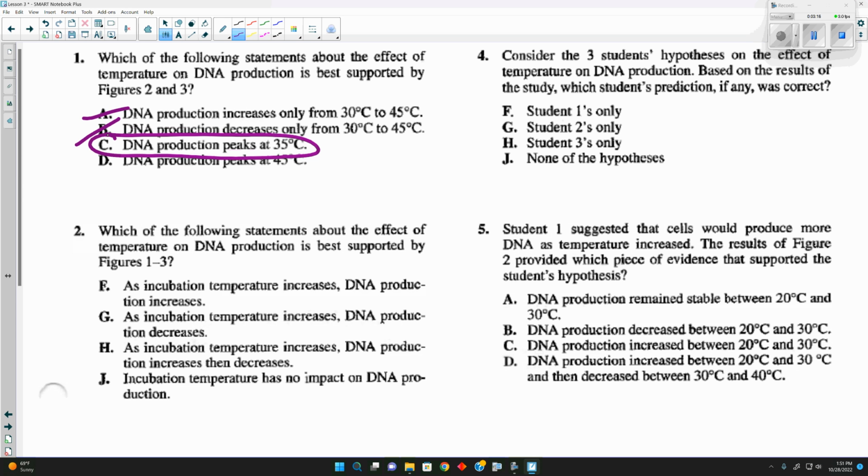All right, number 2. Which of the following statements about the effect of temperature on DNA production is best supported by figures 1 through 3?